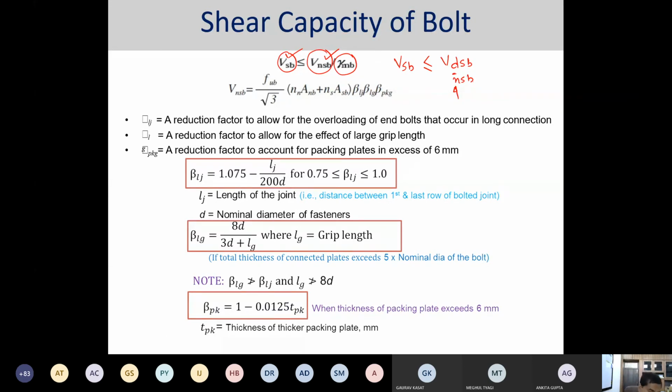Now, this is much more generic, much more general. This particular part is kept the same. Only three parameters are included over here: beta_lj, beta_lg, and beta_pkg.